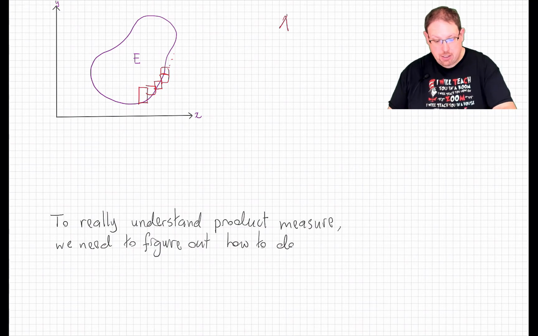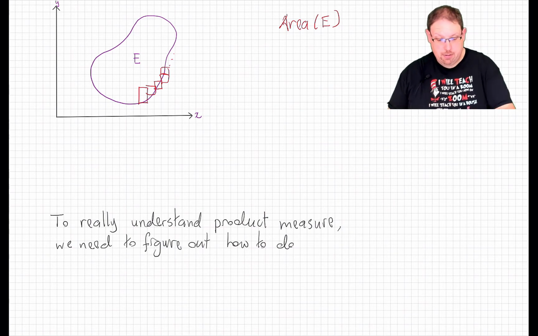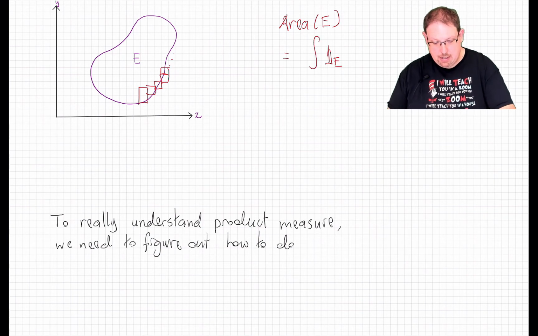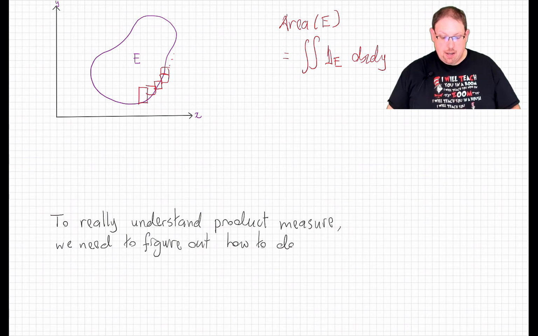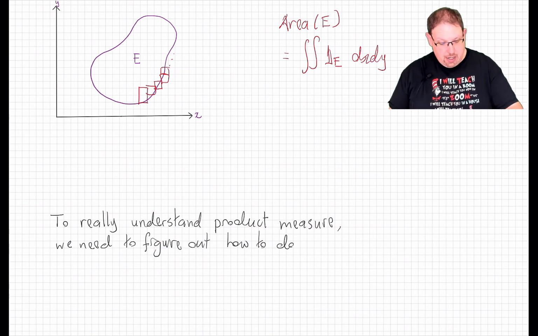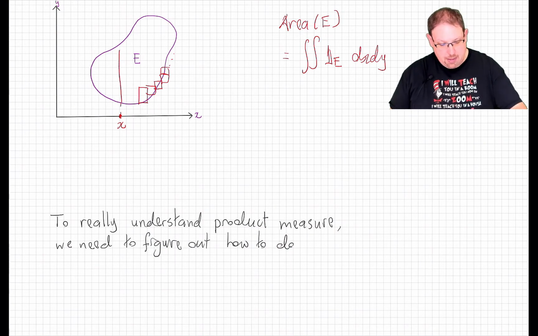The way we would actually compute the area of such a set is as an integral, a double integral. We would take the indicator function of that set and integrate it against dx dy. Of course, what that's going to mean is we'll then evaluate this double integral as an iterated integral, and so we'll say freeze a particular value of x, and then look at the indicator function there, which just tells me when I'm in the set along that vertical line.